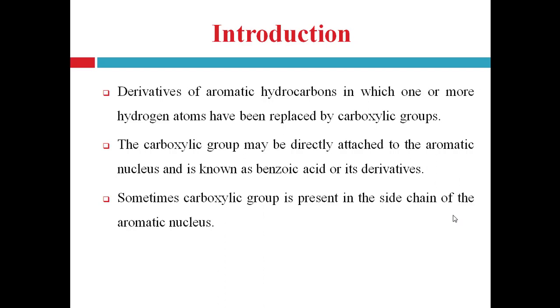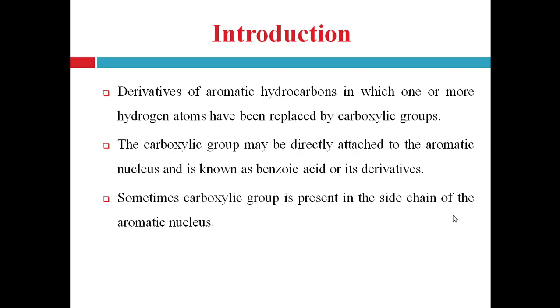So from this hydrocarbon group which is attached to the aromatic ring, one or more hydrogen atoms have been replaced by carboxylic groups, or directly hydrogen from the aromatic ring can be replaced with a carboxylic group and form the corresponding aromatic acid.